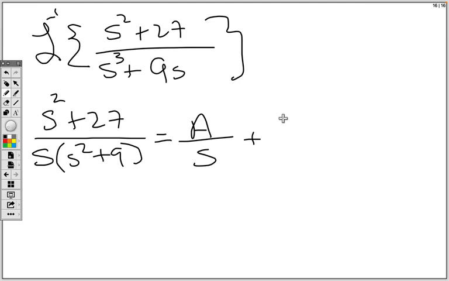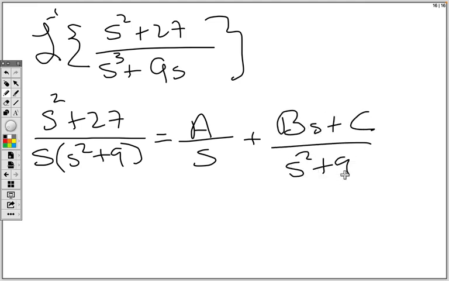Now, if you wanted to, you could break it down with the imaginaries, and then when you bring stuff back, you can combine those complex exponentials into sines and cosines. But we're going to just stick with real numbers for now.